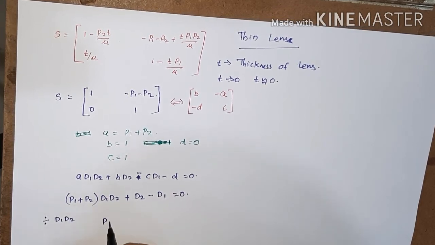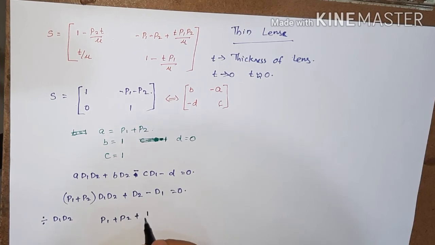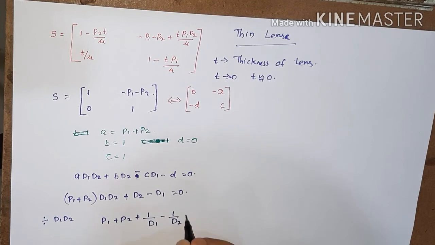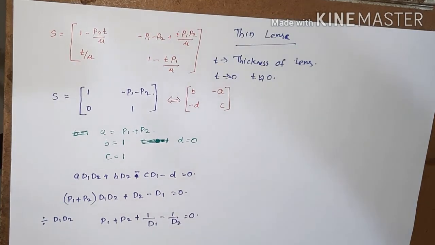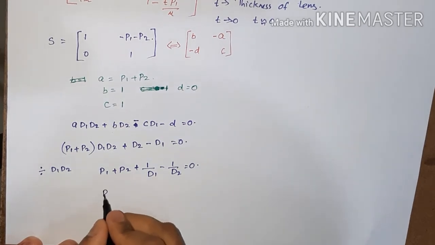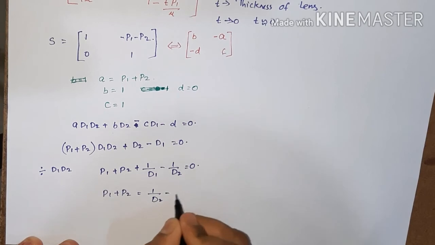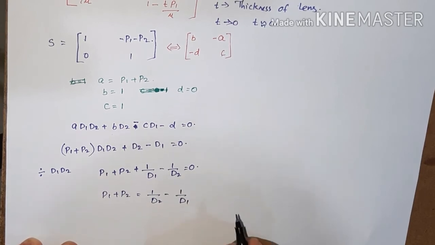I will get p1 plus p2, d1 and d2 get cancelled, plus 1 by d1 minus 1 by d2 is equal to 0. And also p1 plus p2 will be equal to 1 by d2 minus 1 by d1.